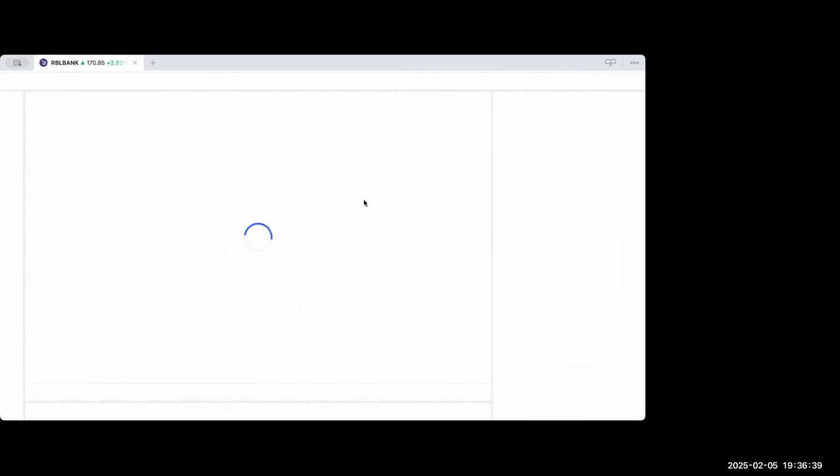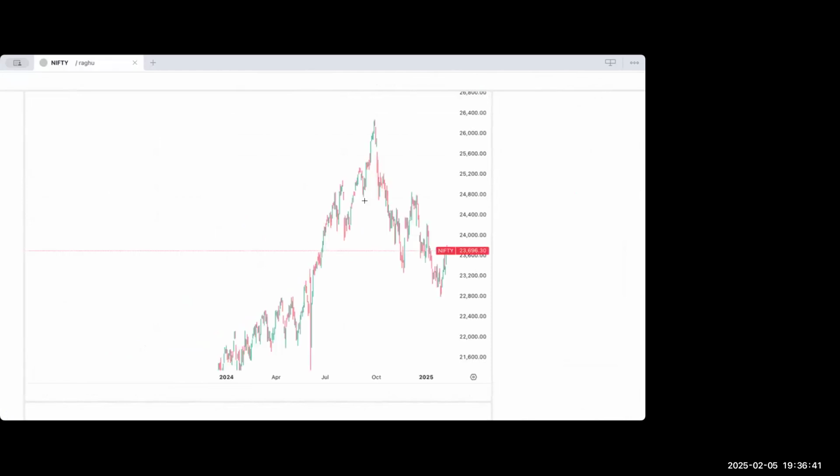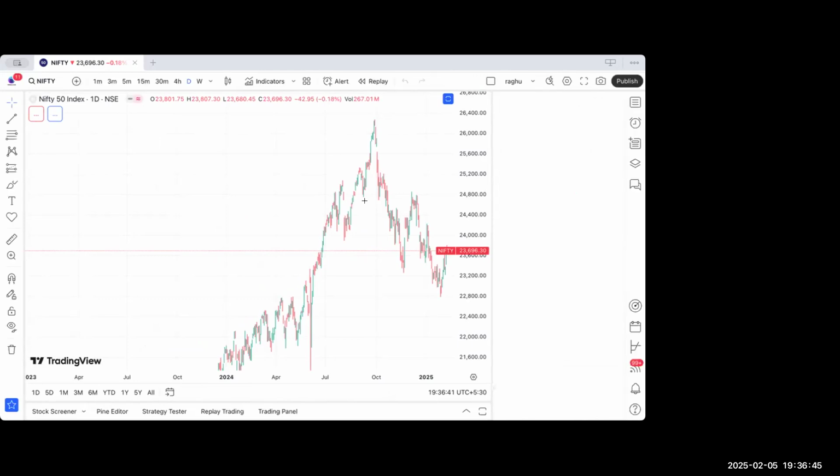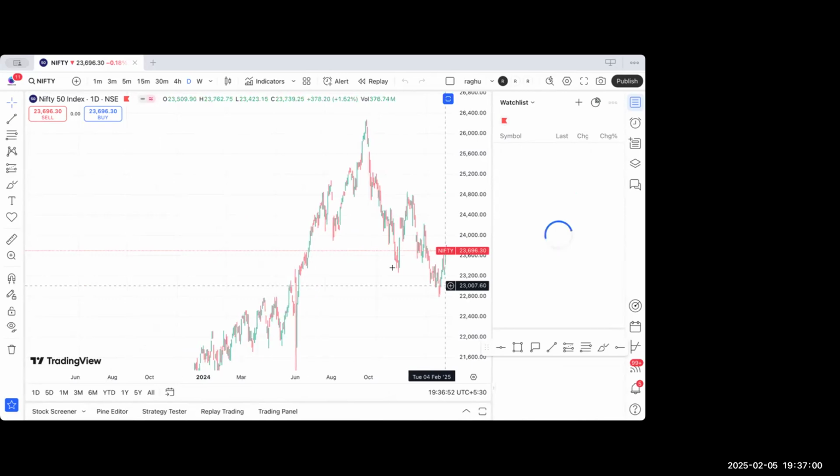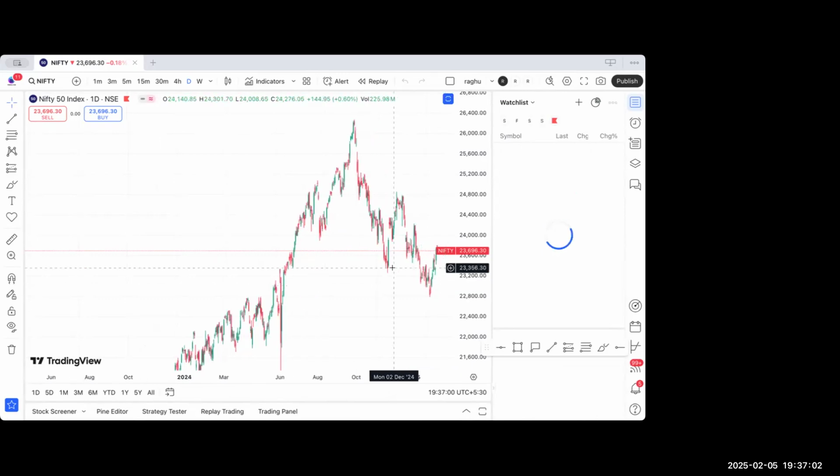Wait. Let me open the Liga setup. 11:30 RBL Bank, right? Let's see.